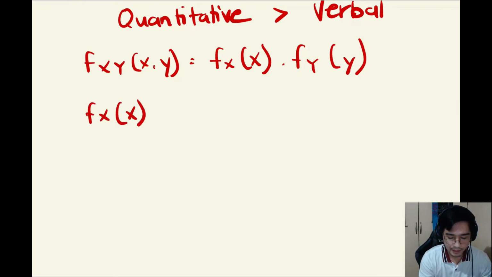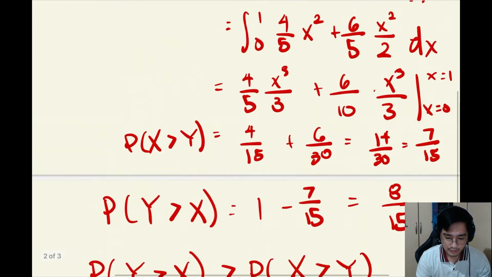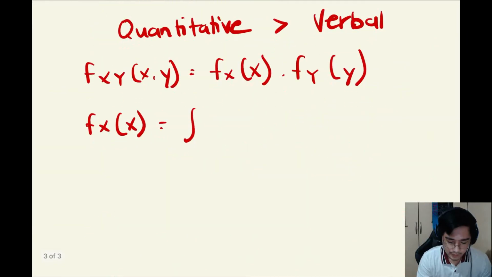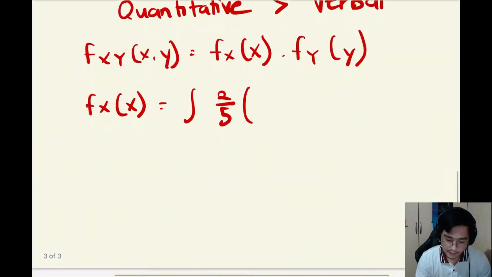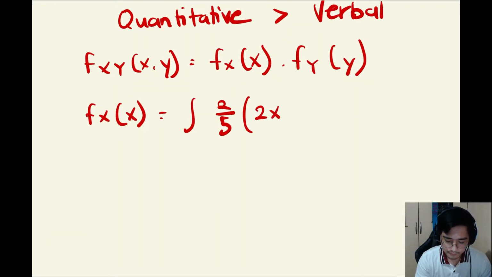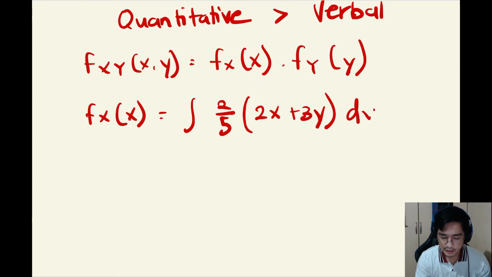So f sub x of x is the integral of the PDF 2/5 times (2x plus 3y), and then we integrate it with respect to y, where y is from 0 to 1.